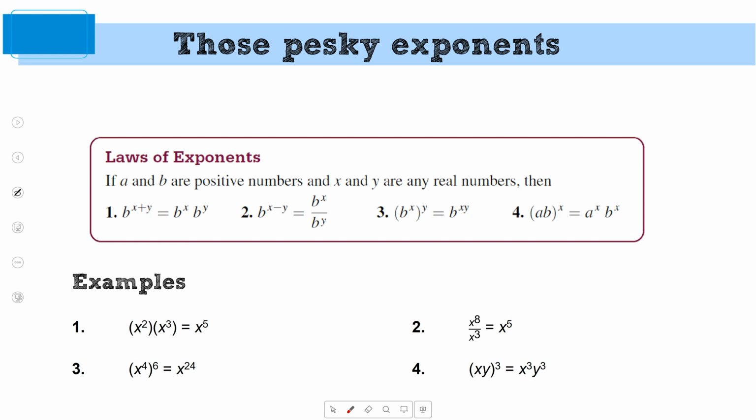What I mean is the difference between number 3 up here in the box and number 3 down here in the examples. A power raised to a power is multiplied. Two bases multiplied together, you add the exponents. Division is subtraction, and the last one, number 4, is distribution, if you will, for lack of a better term.